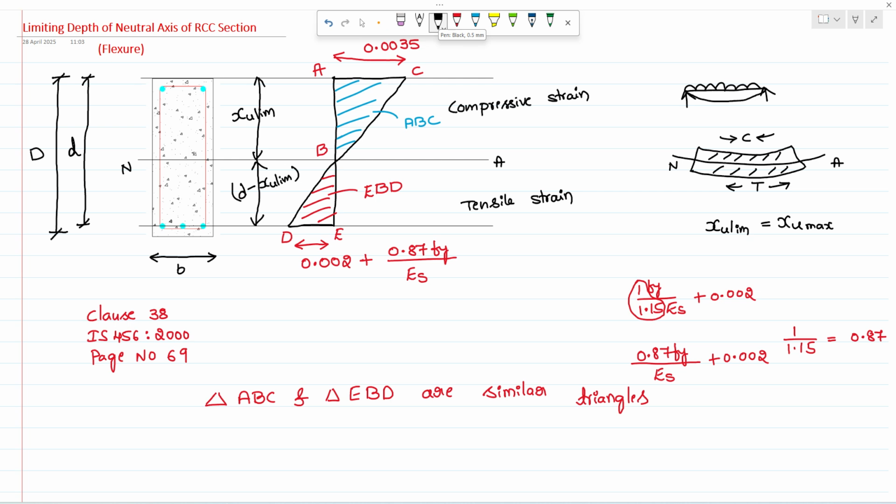From the similar triangles, it can be written as AC divided by AB, where AC is the base and AB is the height of triangle ABC, equals ED divided by BE for triangle EDB, where ED is the base and BE is the height.